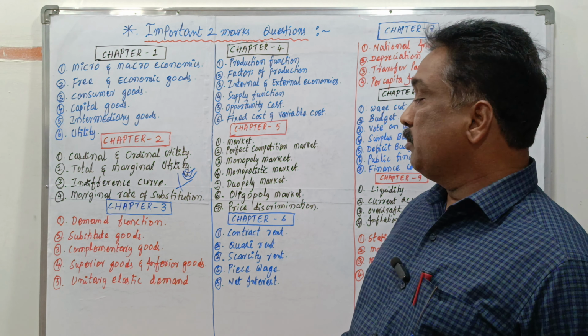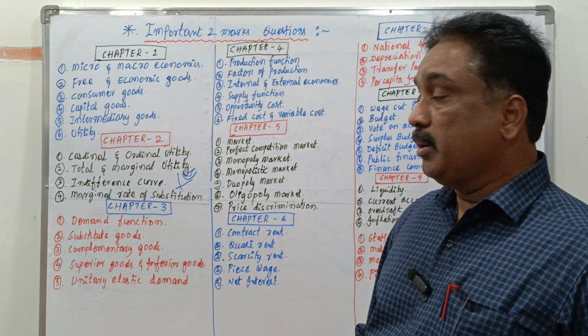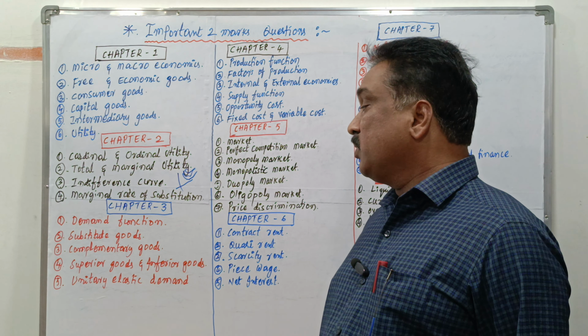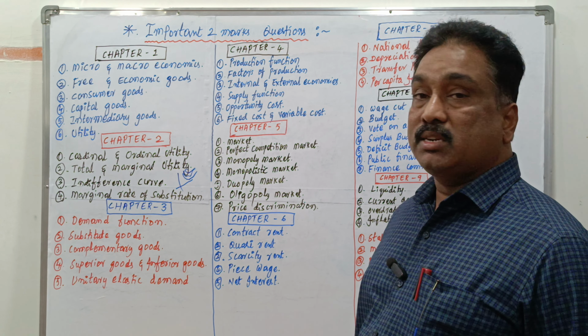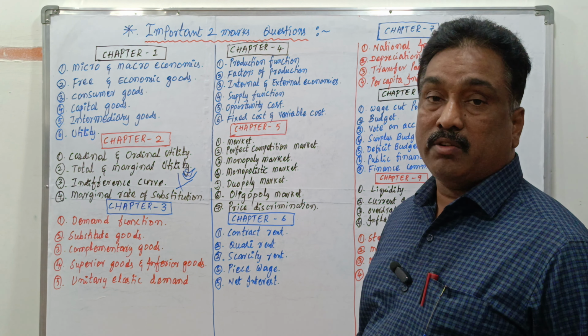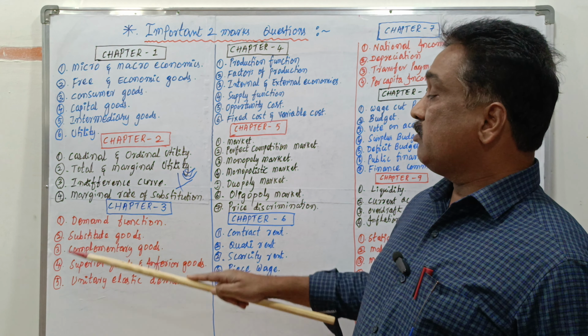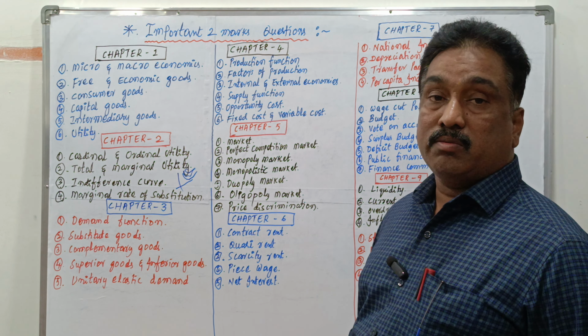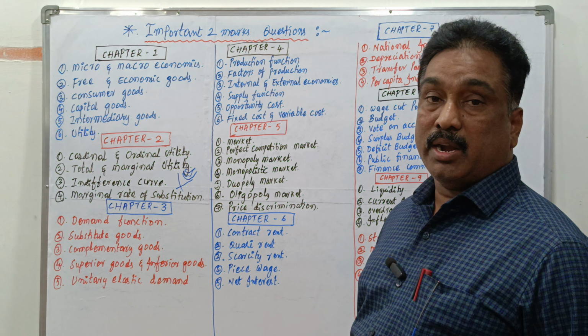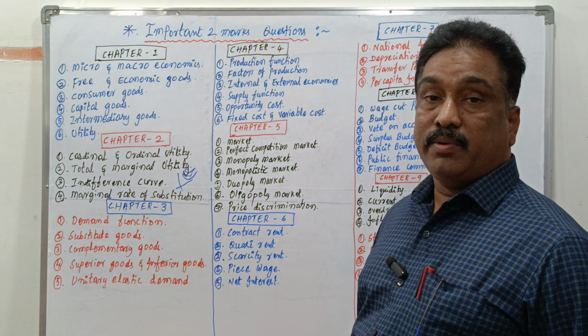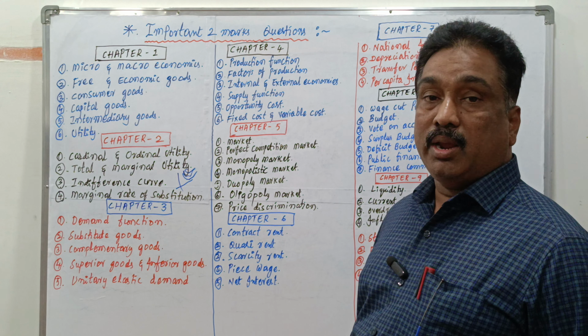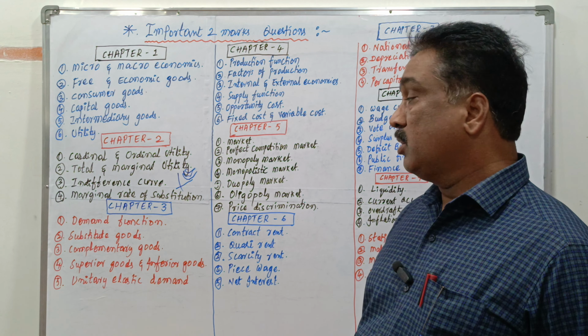From chapter 3, the first question is the demand function. What is the demand function? It explains the functional relationship between demand and the determinant factors. Here one equation is also required: Dn = f(Px, Py, Ps, Y, T).